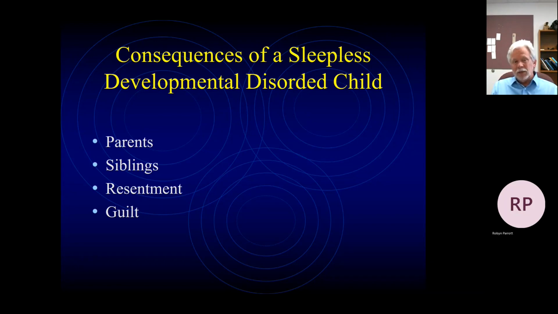The siblings can have resentment about that, but they also will often, as will the parents, feel a bit of shame having resentment, because they will feel that this child who has a developmental disability isn't doing that on purpose, isn't acting out just for attention, but really has a serious problem. And that maybe they're being selfish, expecting to be relieved from the obligations of caring for that child.